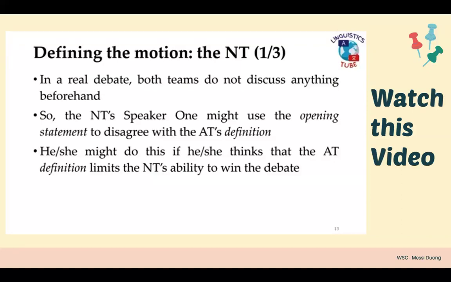This means that the negative team do not know the affirmative team's definition of the motion before they hear it in the affirmative team's opening statement after the debate has started. Therefore, it is possible that the negative team's speaker 1 might, in his or her opening statement, disagree with the affirmative team's definition if he or she thinks that the definition discriminates against the negative team, does not give them an equal opportunity to create valid arguments, and limits their ability to win the debate.